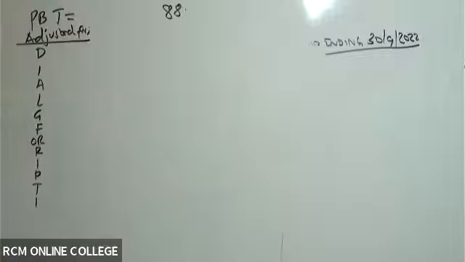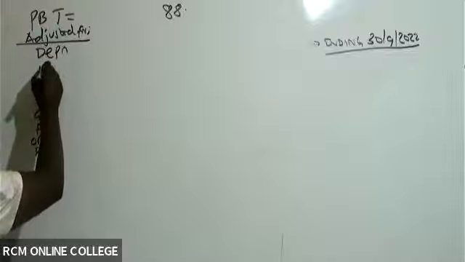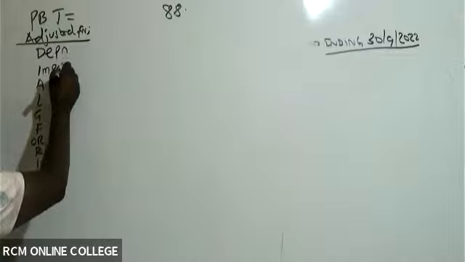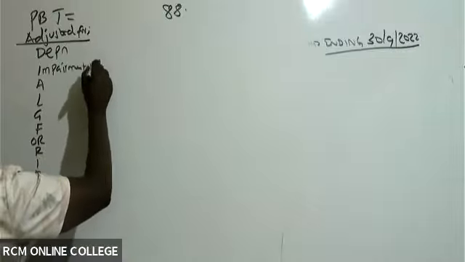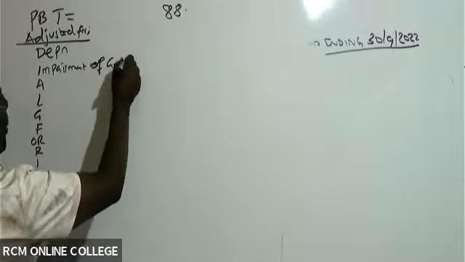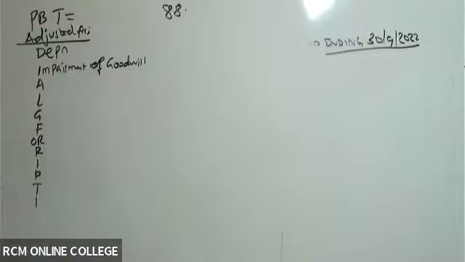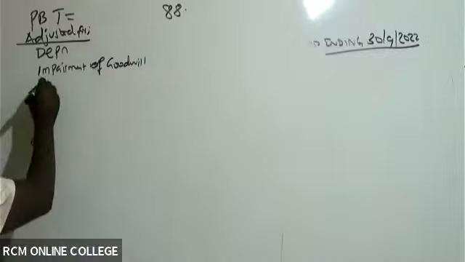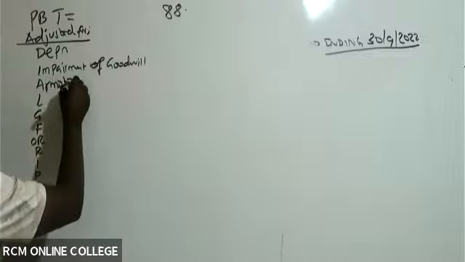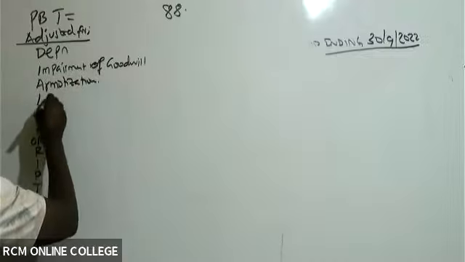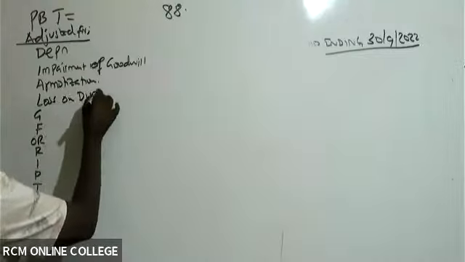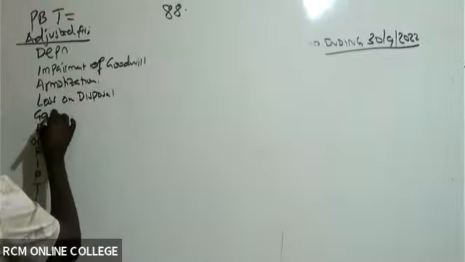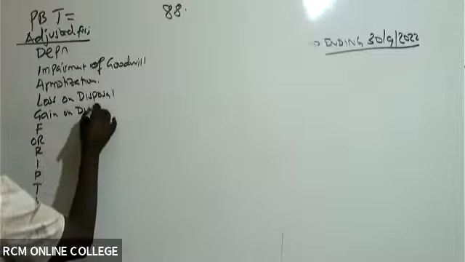So this one here is depreciation, impairment of goodwill, then amortization, loss on disposal, and gain on disposal.